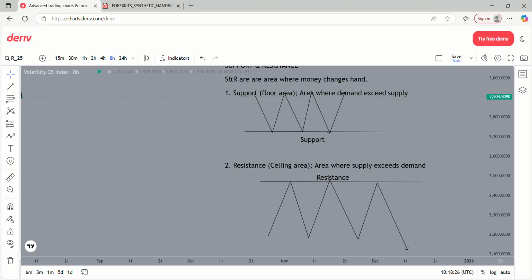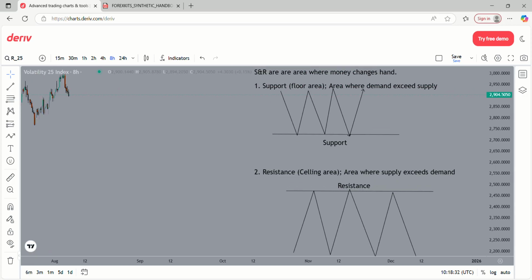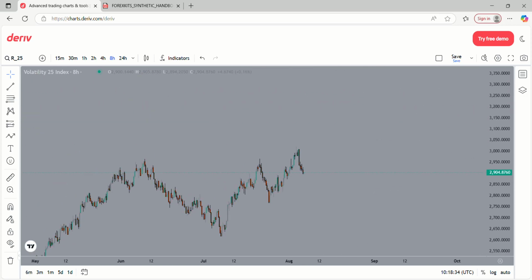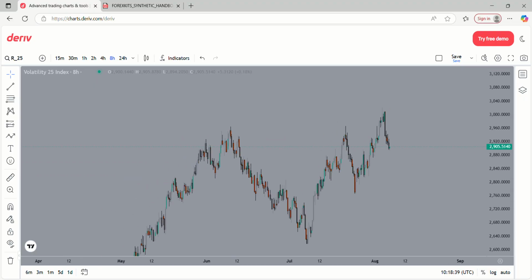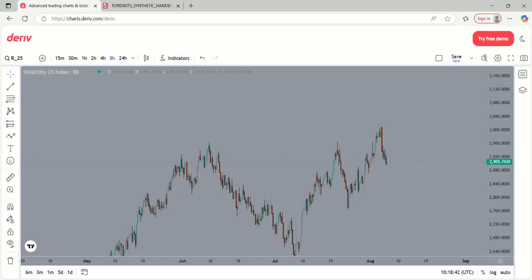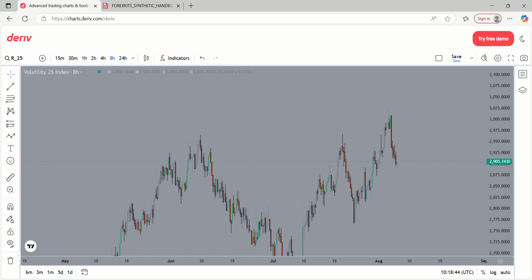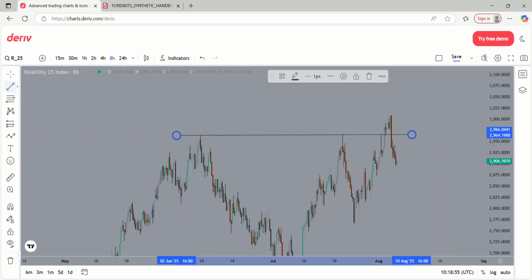I will show you on the screen some resistance area. I'm going to draw. Okay, this is one here. Let me draw it out. This is the resistance area. So you understand me now?